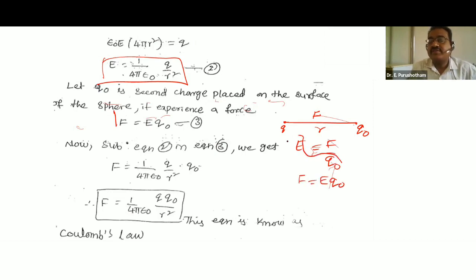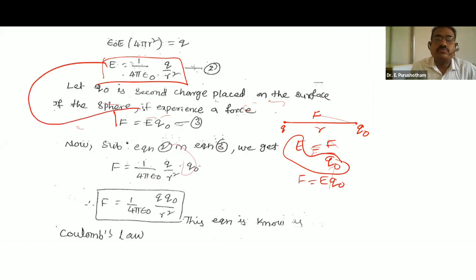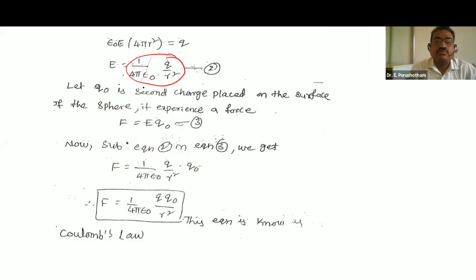Now substituting the E value from the earlier equation, 1 by 4 pi epsilon naught Q by r square, with the remaining Q naught. Therefore, F is equal to 1 by 4 pi epsilon naught Q Q naught by r square. This equation is known as Coulomb's law.